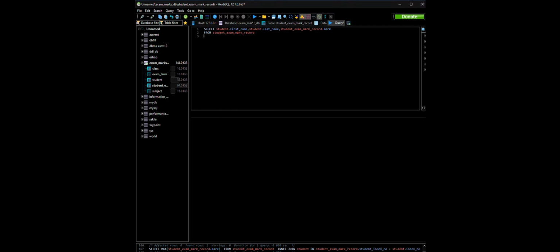Then we are going to join in a few tables, since we are finding the student's mark, the term, and the subject.